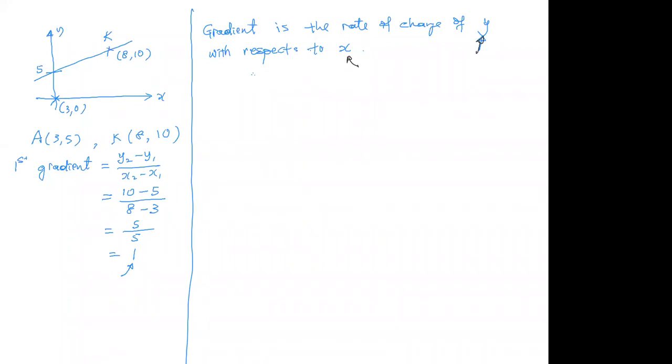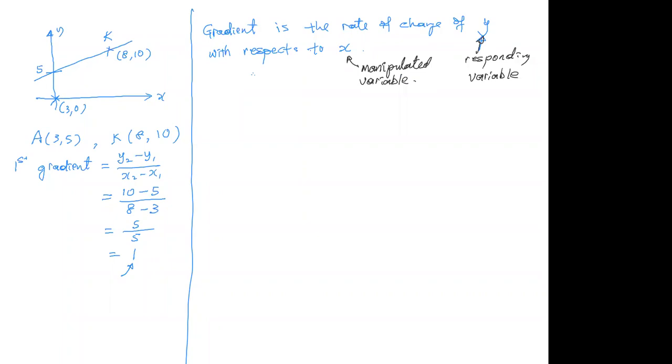Y is called the responding variable. That means the changes of y depend on the changes of x. And x, we call it the manipulated variable. Who manipulates it?